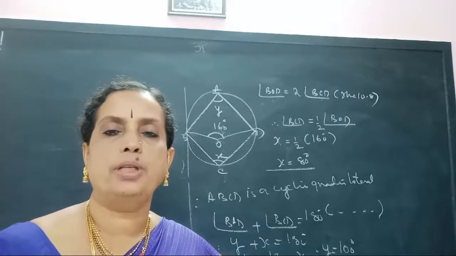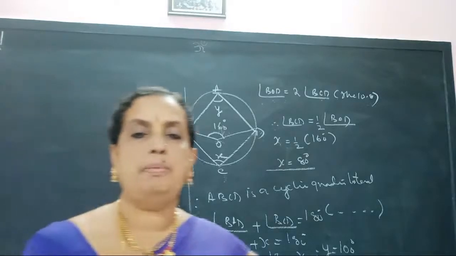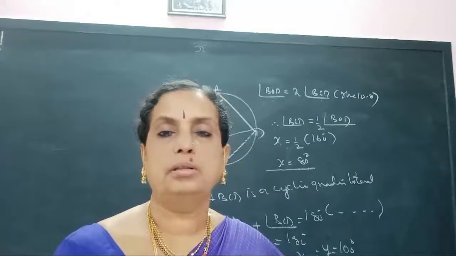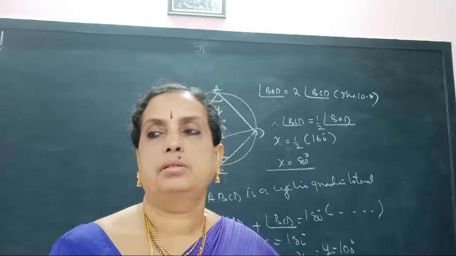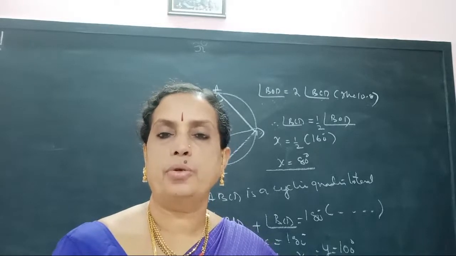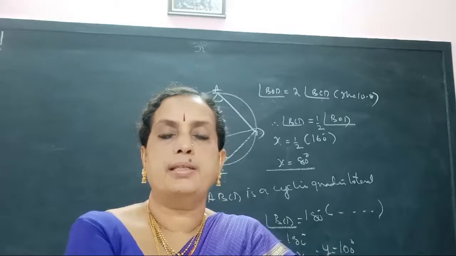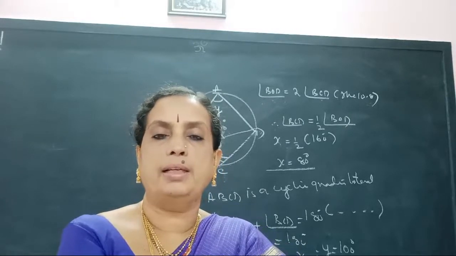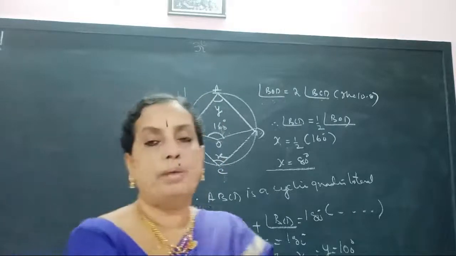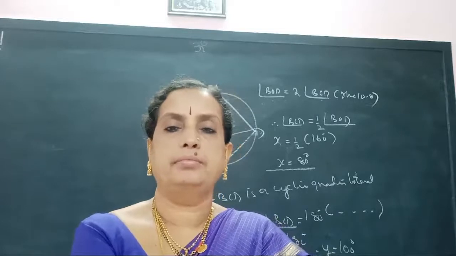Sum of opposite angles of a cyclic quadrilateral is supplementary. Yes, you are right. So x plus y is equal to 180, but x is half of the central angle 160 degrees, 80 degrees. Therefore, measure of y is 100 degrees.